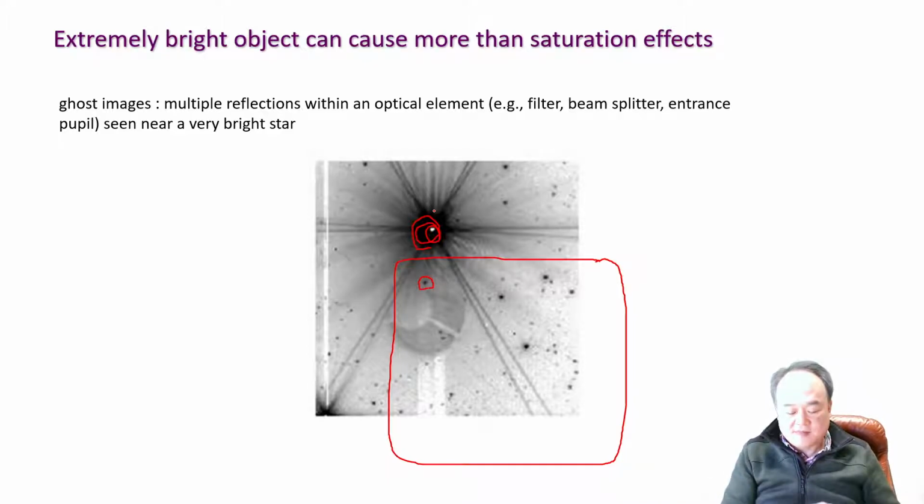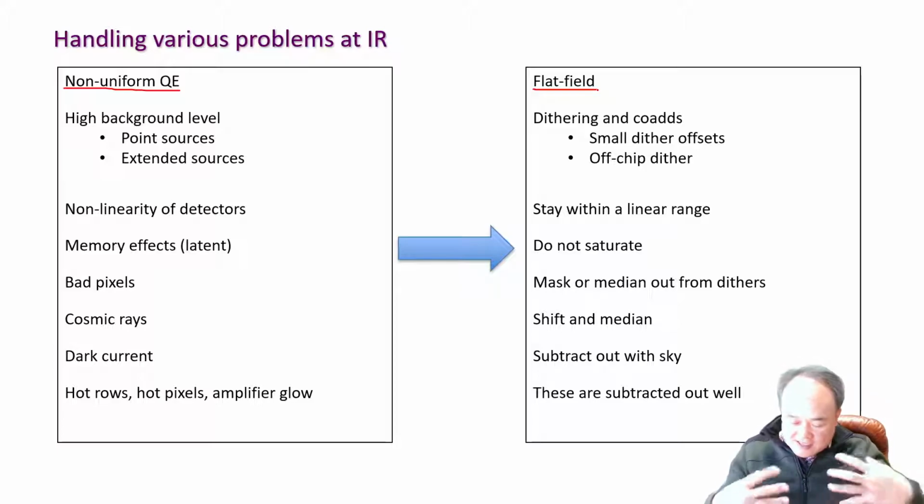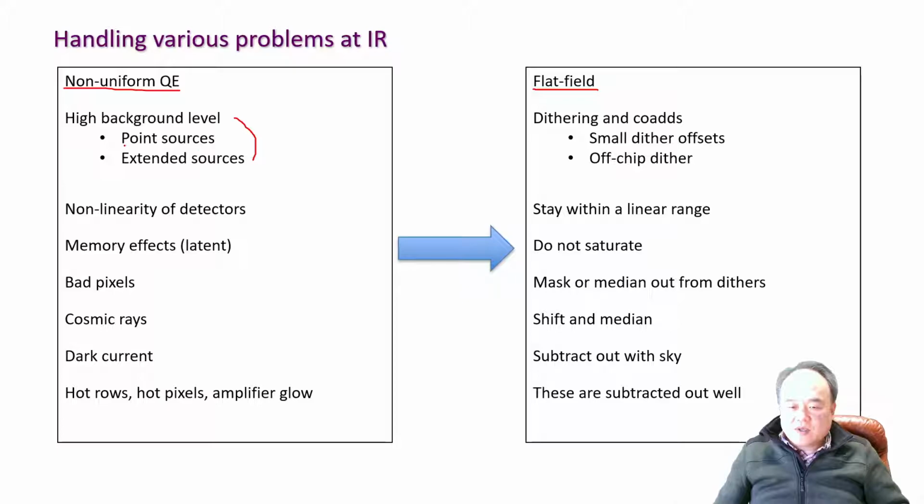So, summarizing the near-infrared observation operation: non-uniform quantum efficiency needs to be taken out by flat fielding. For the high background level with a point source, you can use small dither offsets and dithered observations. For an extended target, you need to use dedicated off-chip adjacent sky observation.